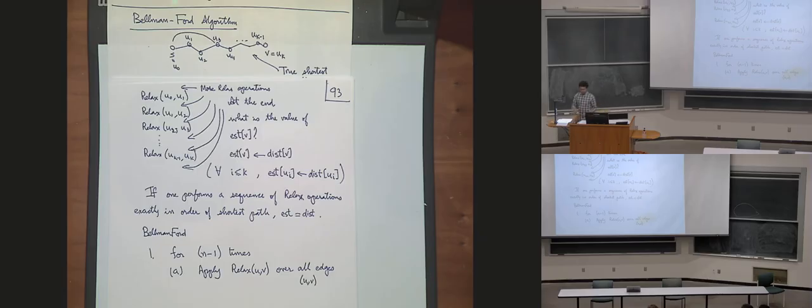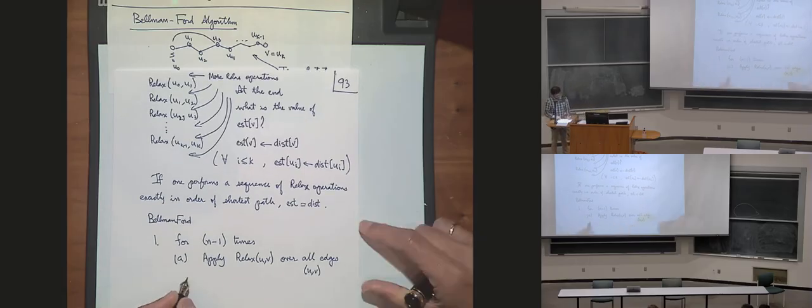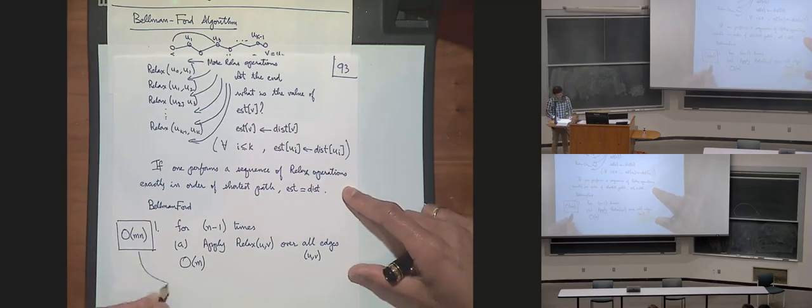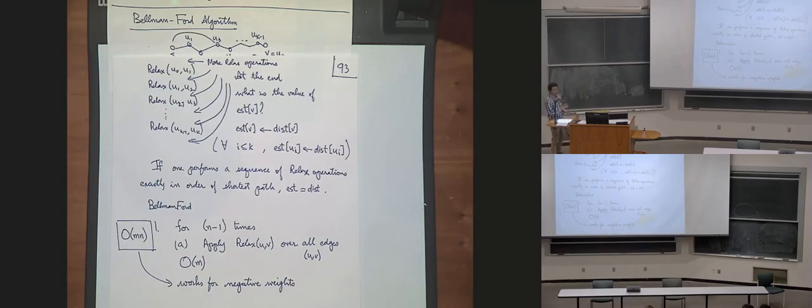This step over here you can do in O of M, and so overall it's O of Mn. And that is the Bellman-Ford procedure. It works for negative weights. This is really important. Dijkstra does not work when the weights are negative, so if you have negative weights, then this can happen.